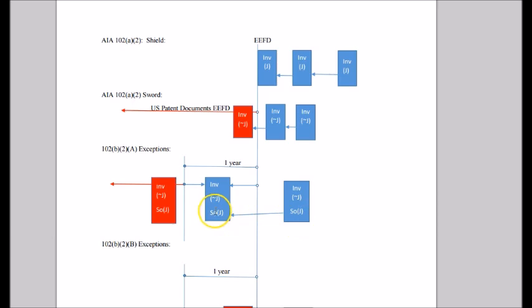But we look here and we notice that the information is sourced from J. Sourced from J means that the information was obtained from J. That's my nomenclature. Therefore, since it's sourced from J, which is your inventor up here, it cannot be used unless it's before the 1 year grace period. So if it's an inventor that's not J, even if it is sourced from J, more than a year before, the exception no longer applies.